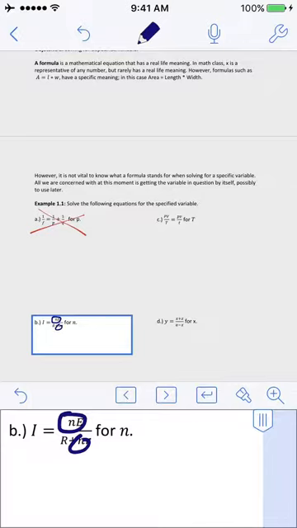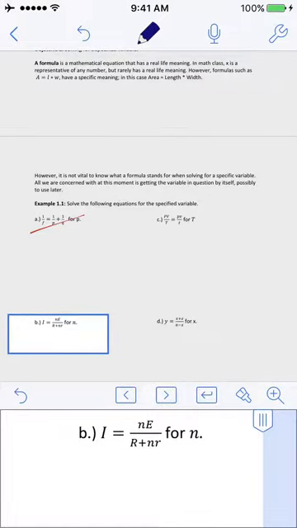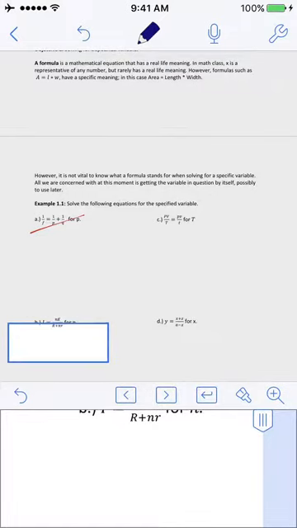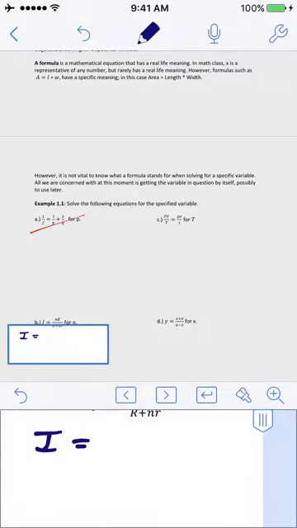So let's start doing that. Let's pretend I want to get n all by itself. And let's not pretend, I actually do. So I'm going to get n all by itself. First off, I'm actually going to get rid of the rational part of this. So I have I equals ne over R plus nr.